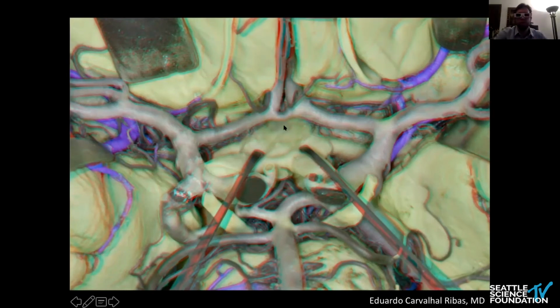Okay, so here's the lamina terminalis, here is the optic chiasm, here's the ACOM. So from bifurcation to ACOM, it's A1, and A2 will be from this point on.